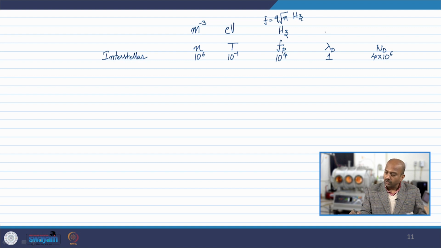Lambda d has the units of meters and Nd has the units of per meter cube.